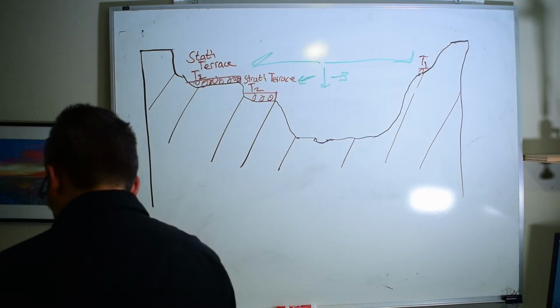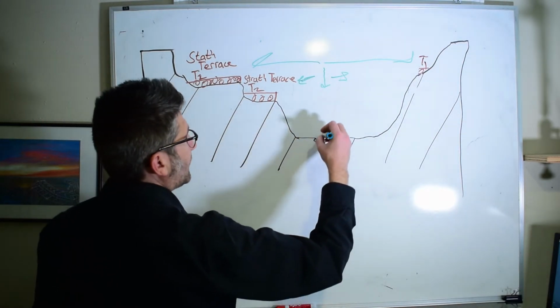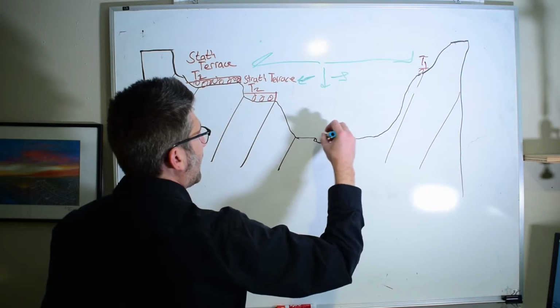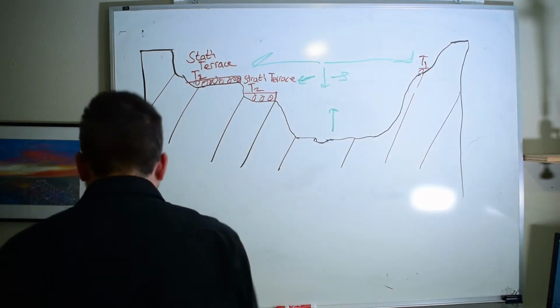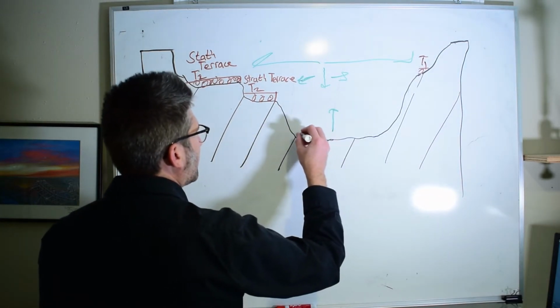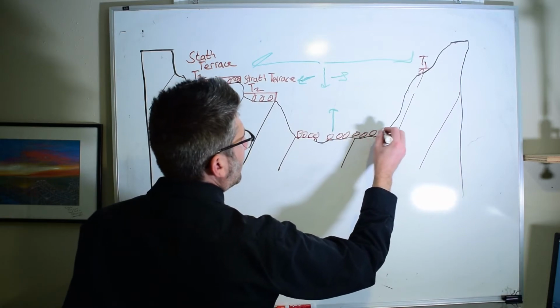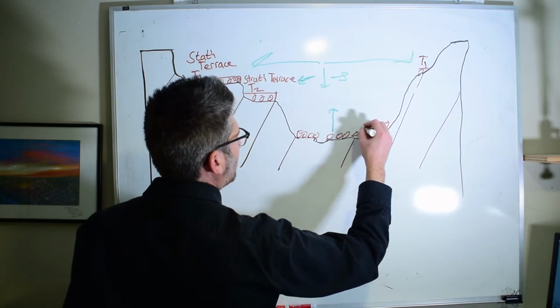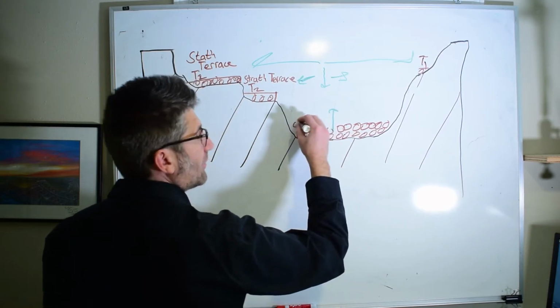Let's say now that something changes in the balance. Perhaps we increase sediment yield, and now the channel starts to aggrade. We actually start to deposit more sediment than the river can transport. We start stacking up over time all this sediment, filling the channel.